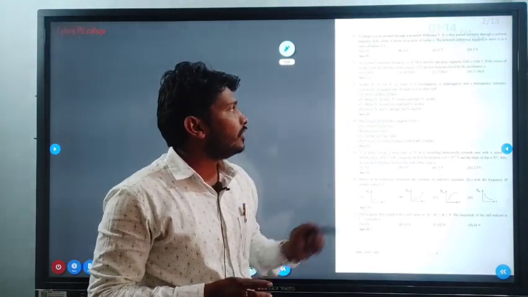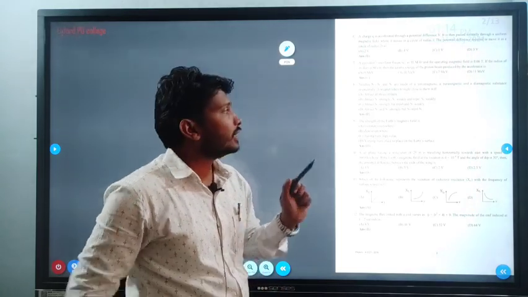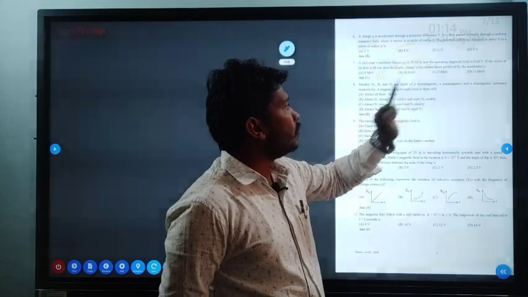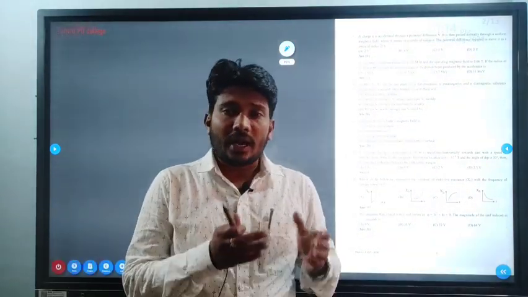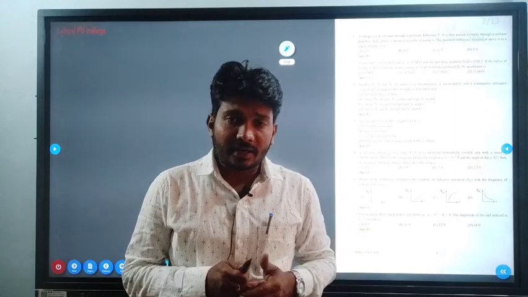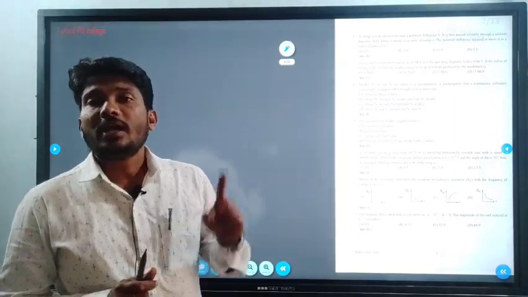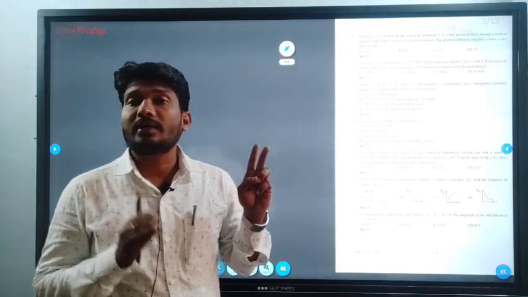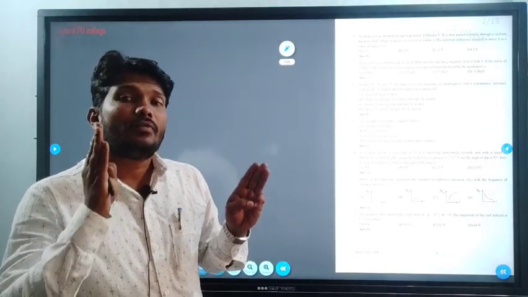Needles N1, N2 and N3 are made of ferromagnetic, paramagnetic and diamagnetic substances respectively. When a magnet is brought close to them, which material will attract, which will repel, which will weakly attract? We know that ferromagnetic materials strongly attract, paramagnetic materials weakly attract, and diamagnetic materials weakly repel.